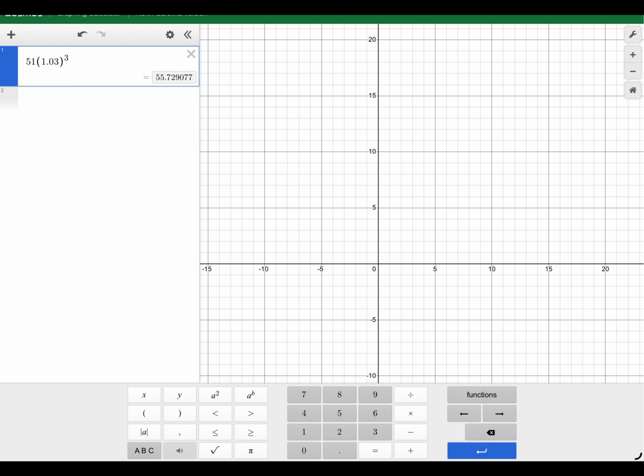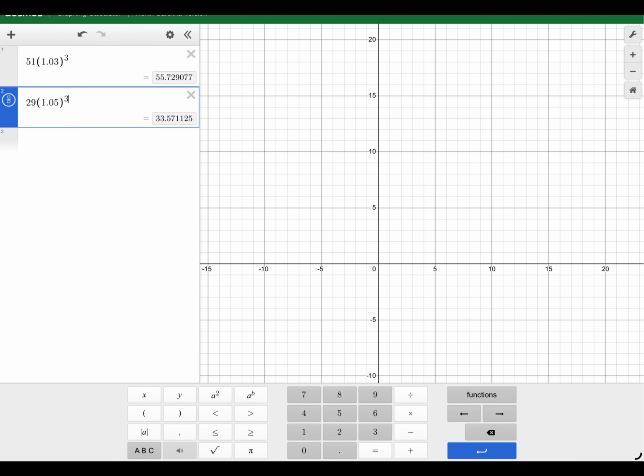Then we drop down to a new line. We do 29, parentheses, 1.05, close parentheses, hit AB again, and raise that to a 3. So now that we have our results, we're going to use 55.7, and we're going to say 33.6.